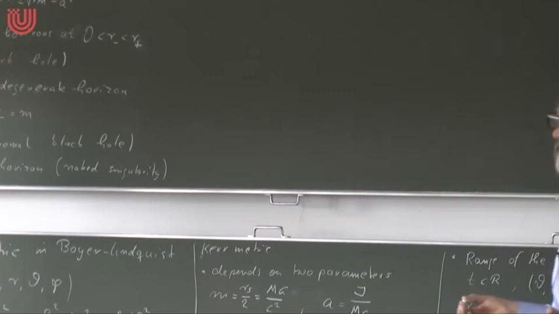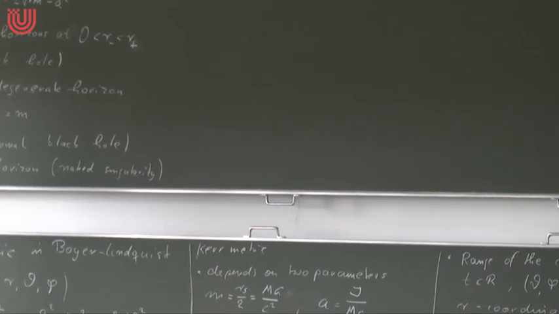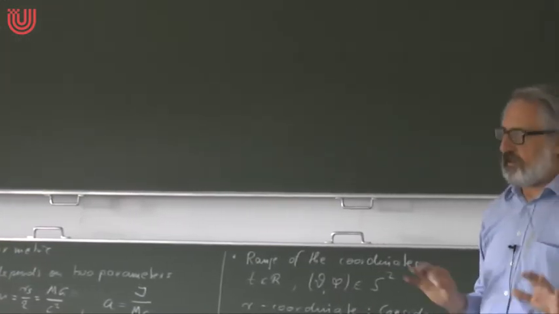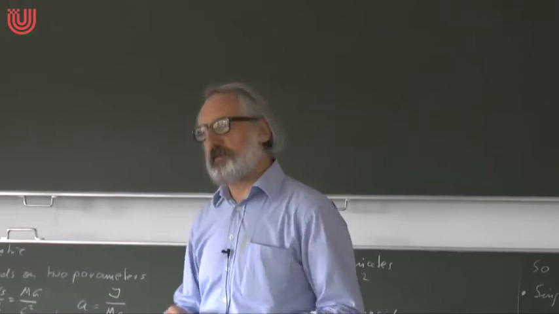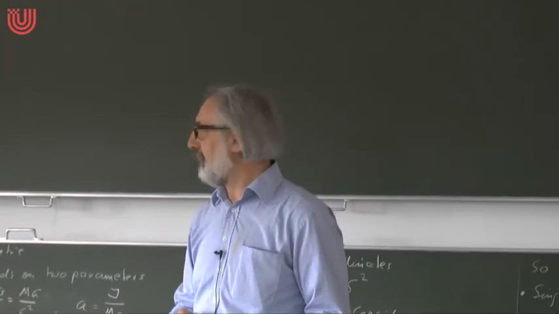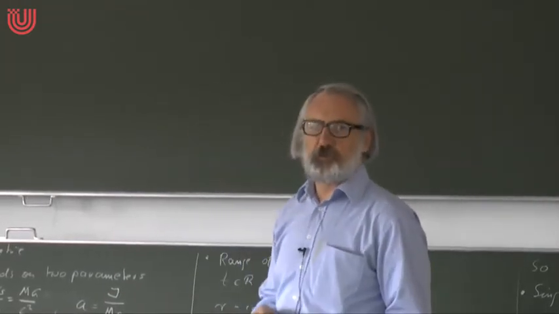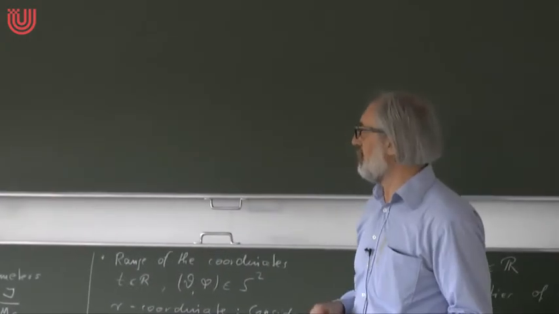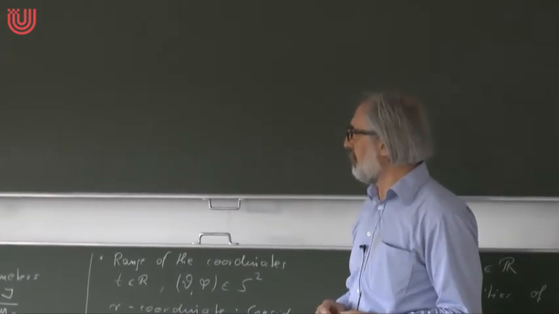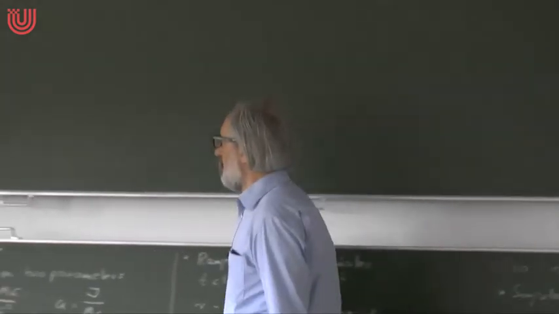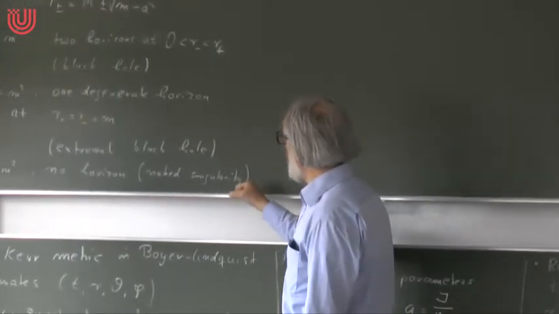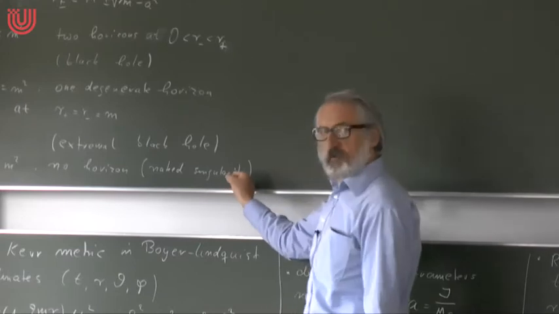Naked singularity means, of course, that I can see the singularity, that signals from the singularity can come towards me. And that's something which worries people. As long as the singularity is hidden behind the horizon, then one could live with a singularity. But naked singularities are somewhat dubious, and many people don't want to have them. So that's the reason why many people believe that these naked singularities do not exist.